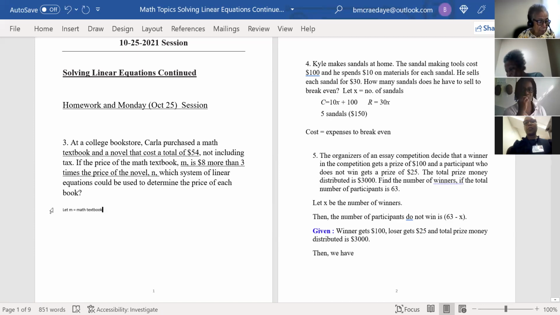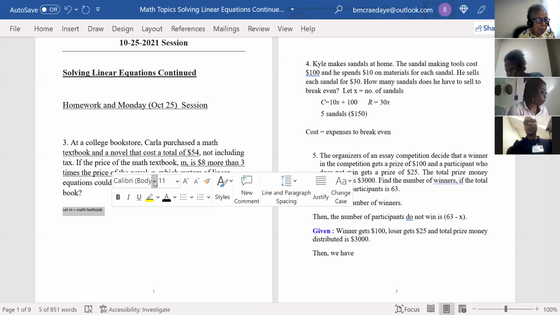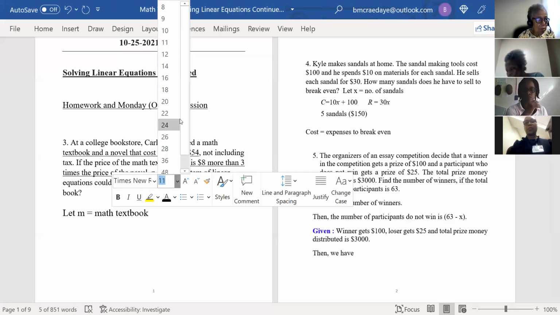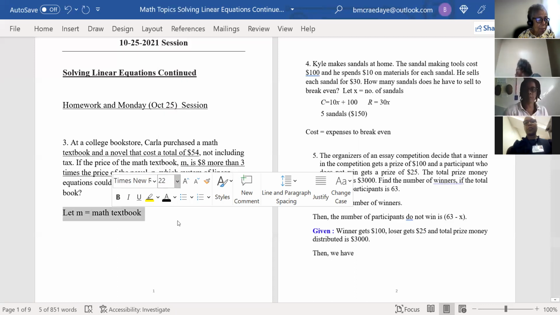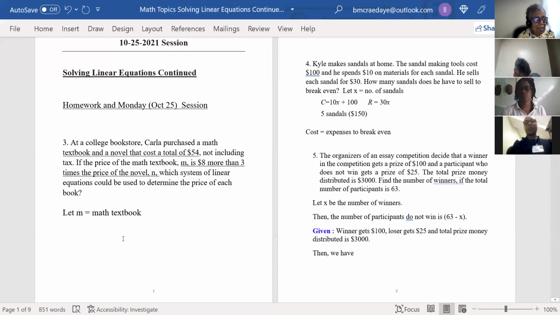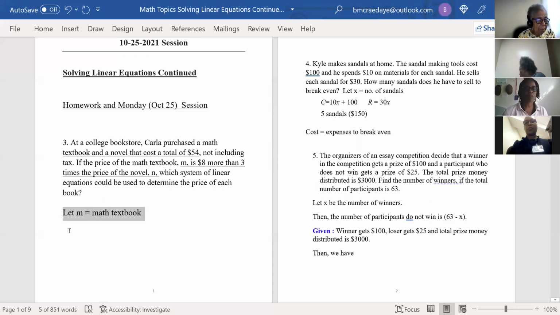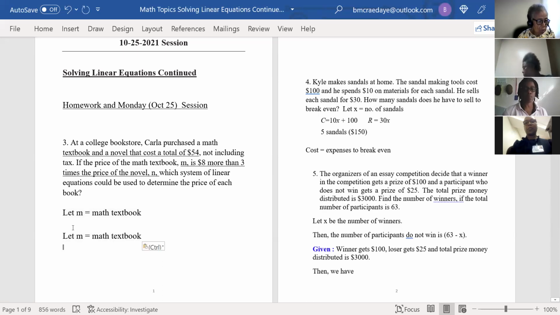Let me make that bigger so you can see it. M is the variable for the math textbook. What did they use for the novel? N, that's right. N was the novel. So let N equal the novel.